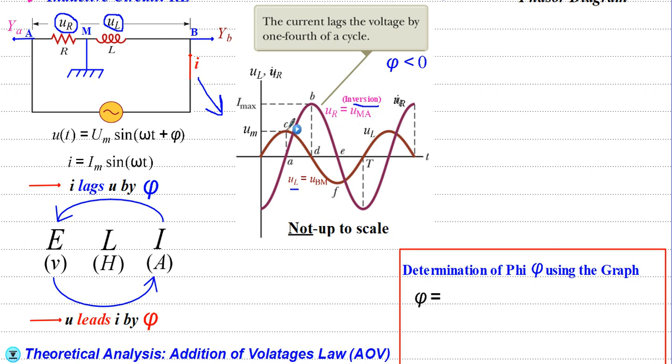We realize in these graphs the following. We realize that we have a maximum voltage of the inductance that is reached at point A here.